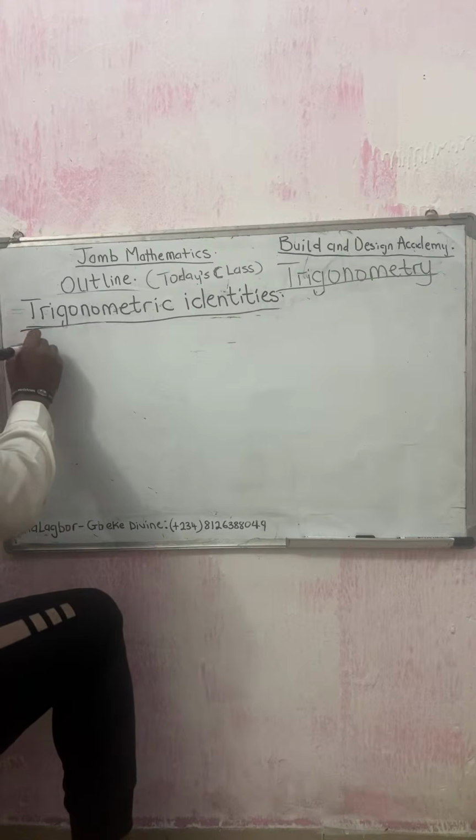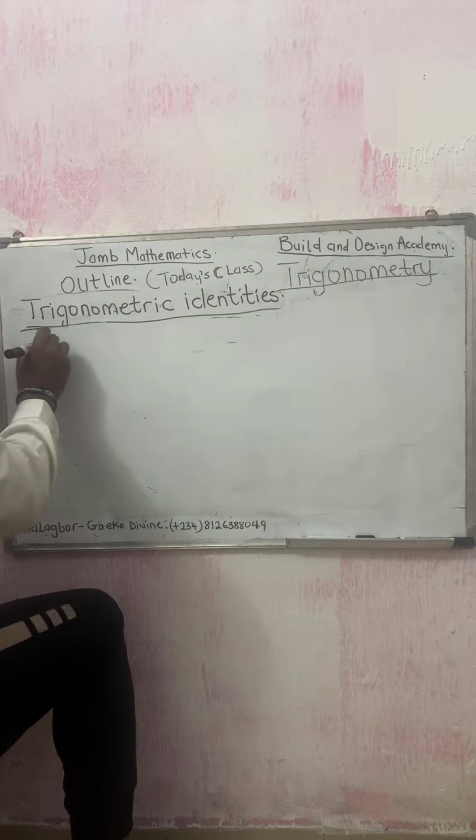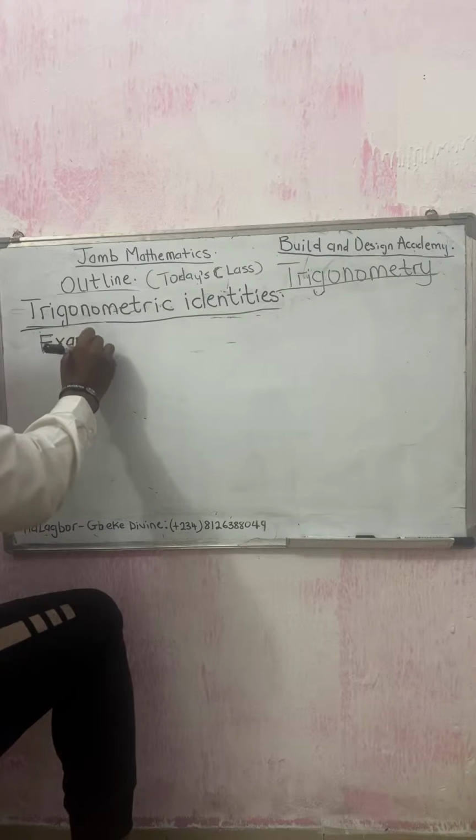So let's solve another example. Still on trigonometric identities. Example.